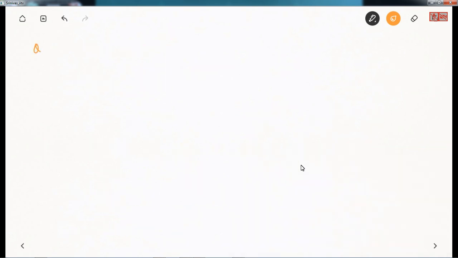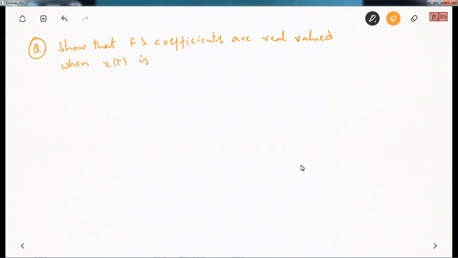So I'm giving it to you as a question. Show that the Fourier series coefficients are real valued and x of t is real and even.